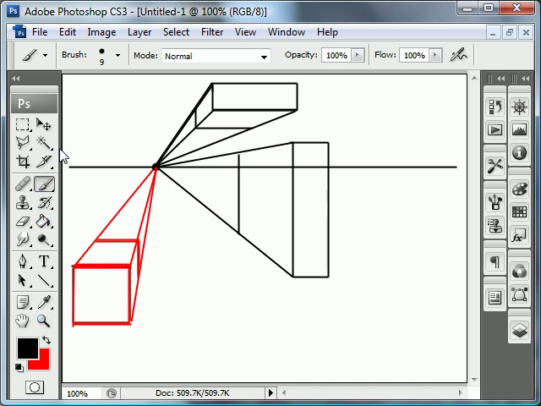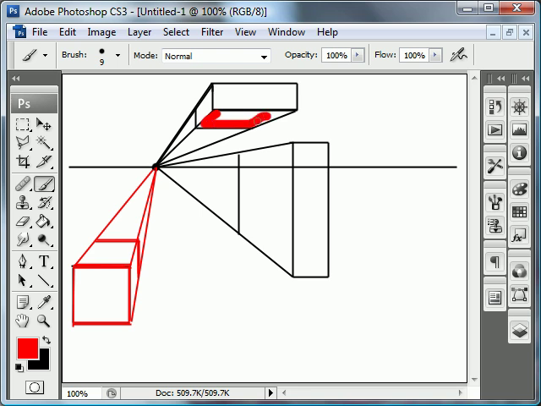Now, I've done three rectangular prisms like this to illustrate one important point, which is that, as you can probably see already, if you draw an object above the horizon line, as in this object here, then we will see the underside of the object.